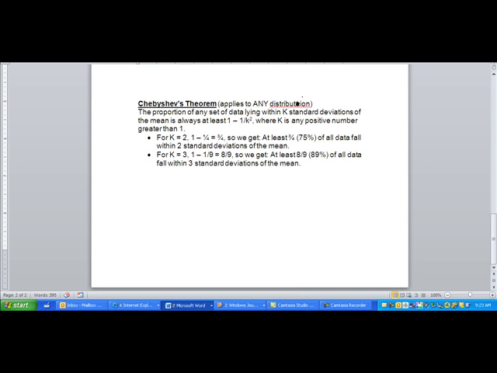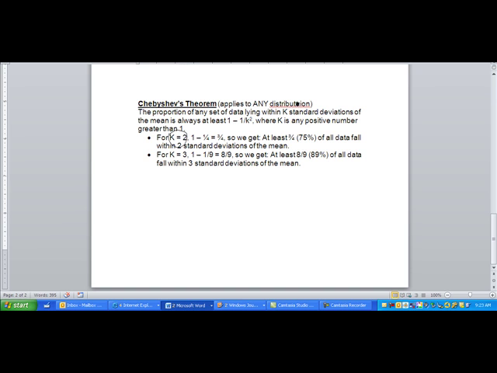What it says is the proportion of any set of data lying within k standard deviations of the mean is always at least 1 minus 1 over k squared, where k is any positive number greater than 1. So when k is 2, we're talking about the data that lies within 2 standard deviations of the mean.